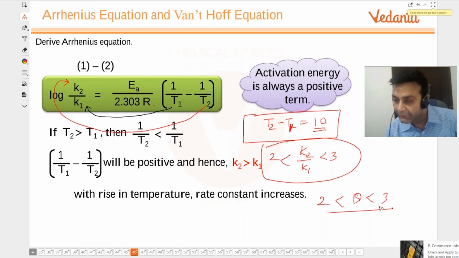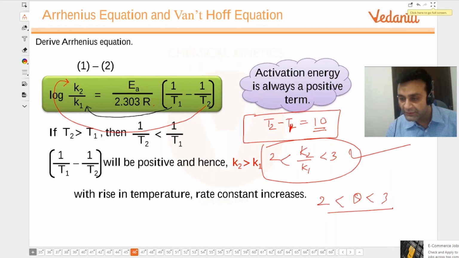The difference between T1 and T2 is not 10 here. Right now we are discussing that if the temperature difference is 10 only, then the rate of reaction becomes double to triple. We have proved this thing only. Are you getting me, Yash?